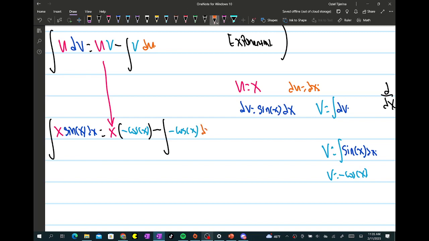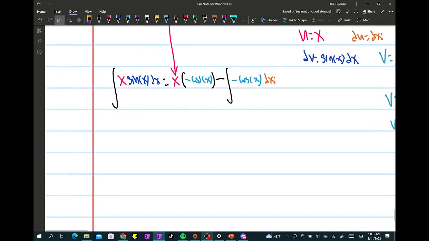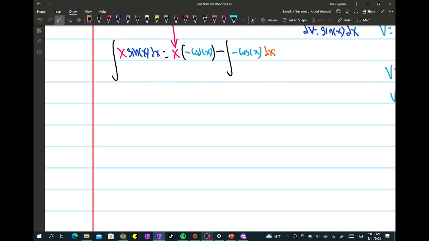Now we just clean it up a little bit. So the integral of x sine of x dx is equal to negative x cosine of x, plus the integral of cosine of x dx.